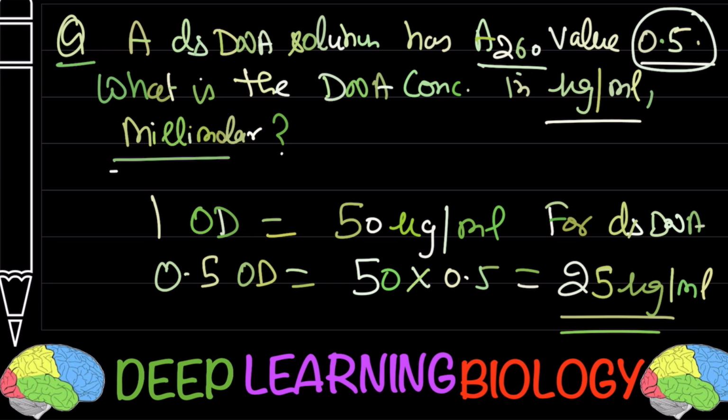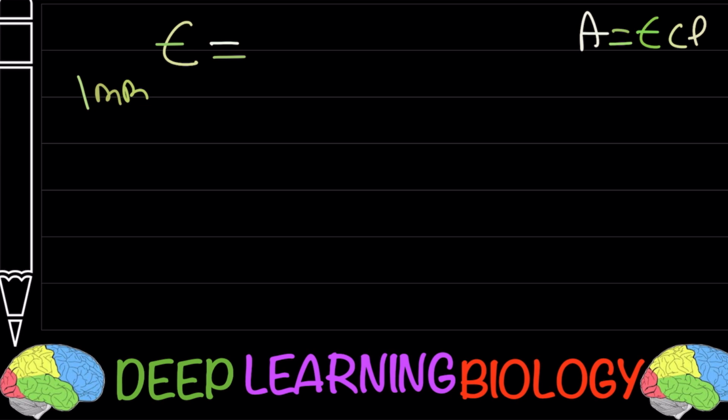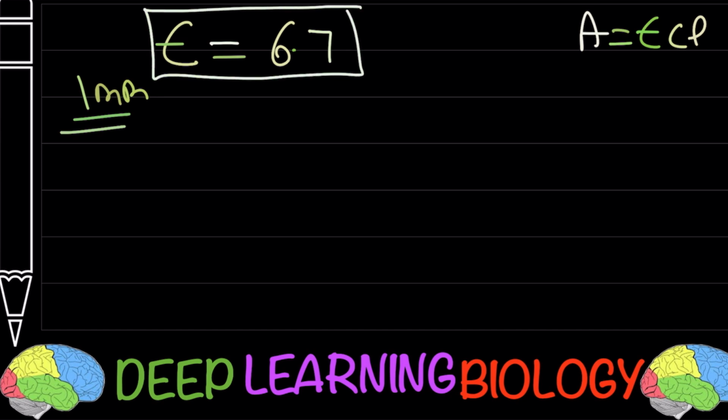Now to express the answer in millimolar, you have to keep in mind the molar extinction coefficient. Hopefully you remember the Lambert-Beer law: absorbance is equal to epsilon C into L. Here the molar extinction coefficient for a 1 millimolar double stranded DNA solution is 6.7.